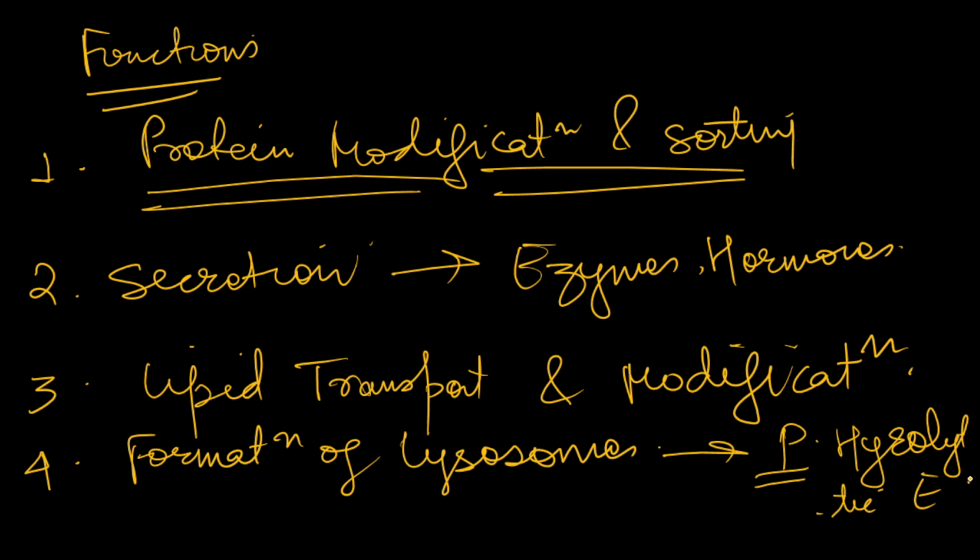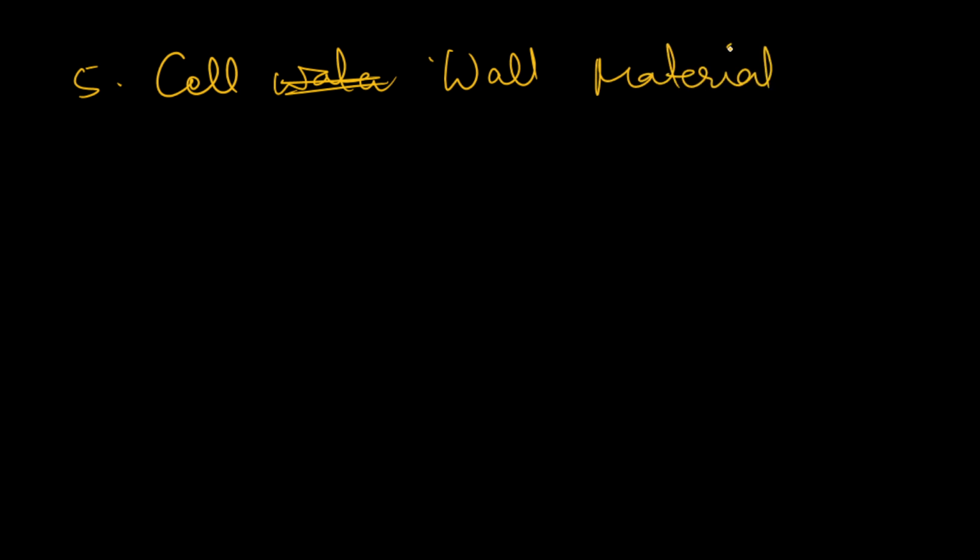It also has a function in development of cell wall material in plants. What happens in plant cells? It synthesizes and secretes polysaccharides, which are then used in cell wall formation.